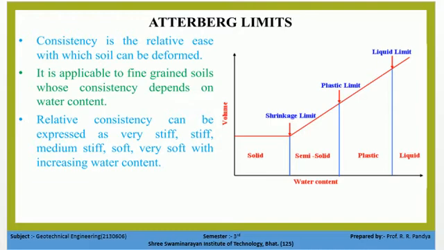If we add some amount of water, then this solid is converted into a semi-solid soil mass. So here we can see the increment in volume. At the shrinkage limit, the volume is up to here, and for the semi-solid sample, it is up to here.